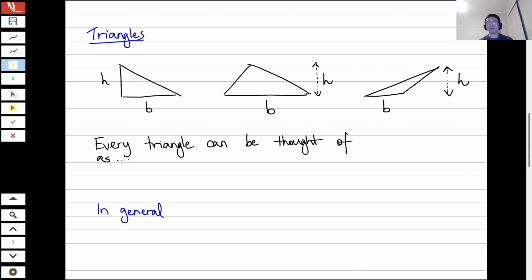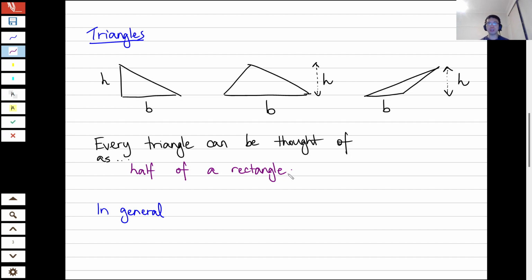The next shape that we want to look at is the triangle. Now, the triangle looks a bit different, but here's the insight I want to give you. Every triangle can be thought of as, drum roll please, half of a rectangle.